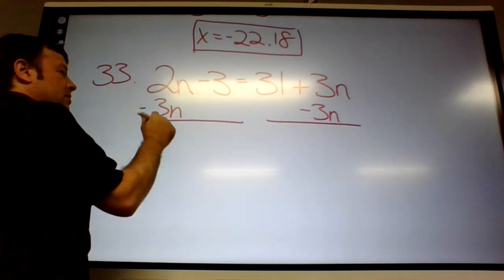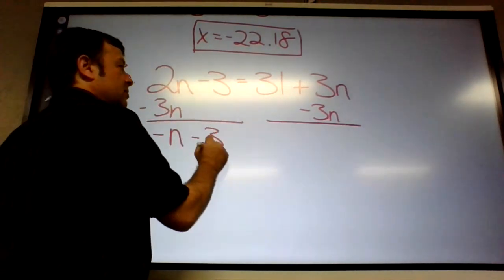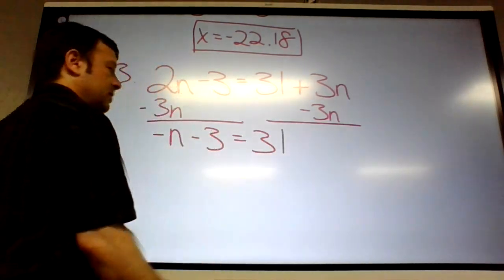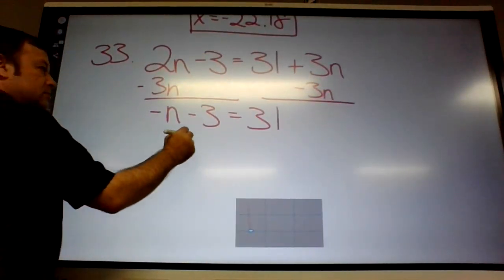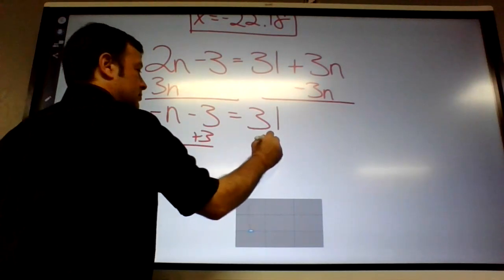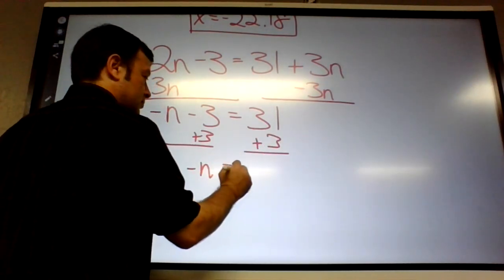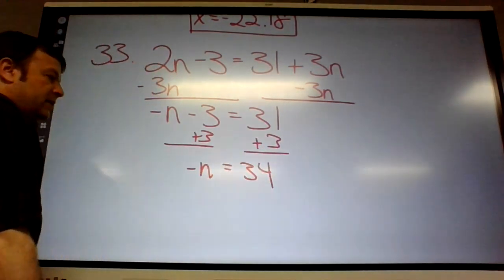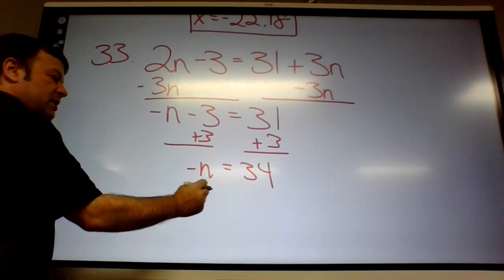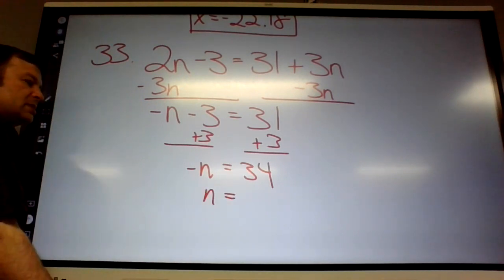Get to negative 1n. Yeah, negative 1n or negative n. Then you do add 3. If negative n is 34, n is negative 34.